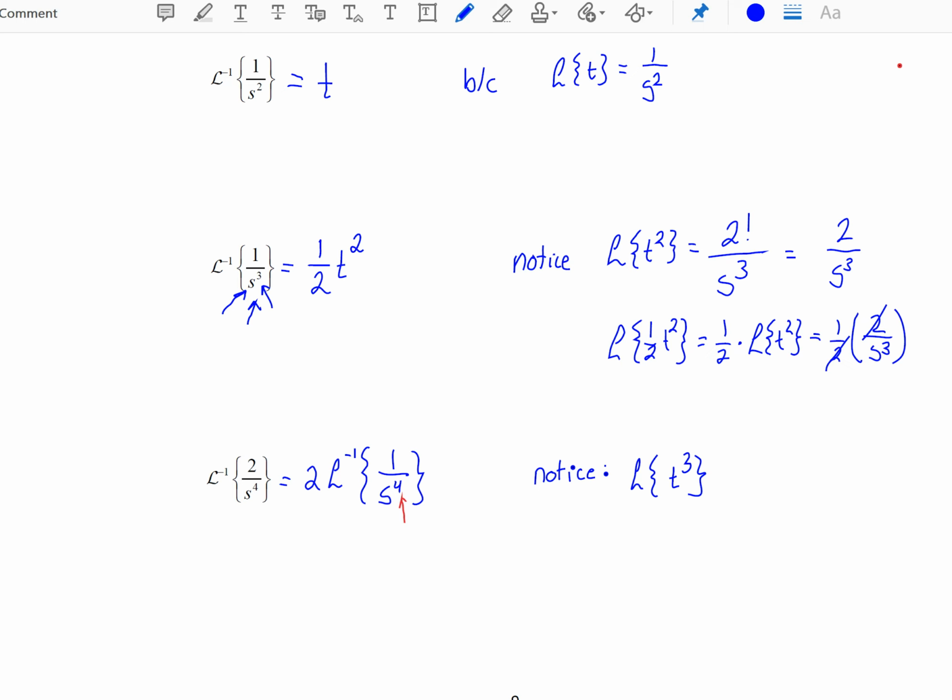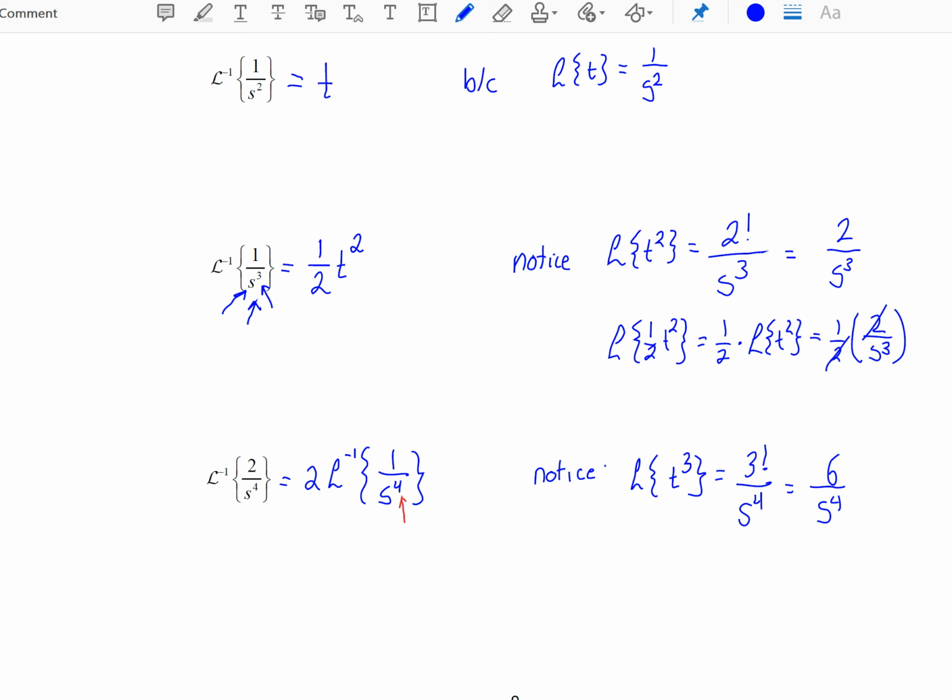Notice the Laplace of t cubed is technically going to be 3 factorial over s to the fourth. Remember, 3 factorial is 3 times 2 times 1, so 6 over s to the fourth. But that's not what we originally had here.